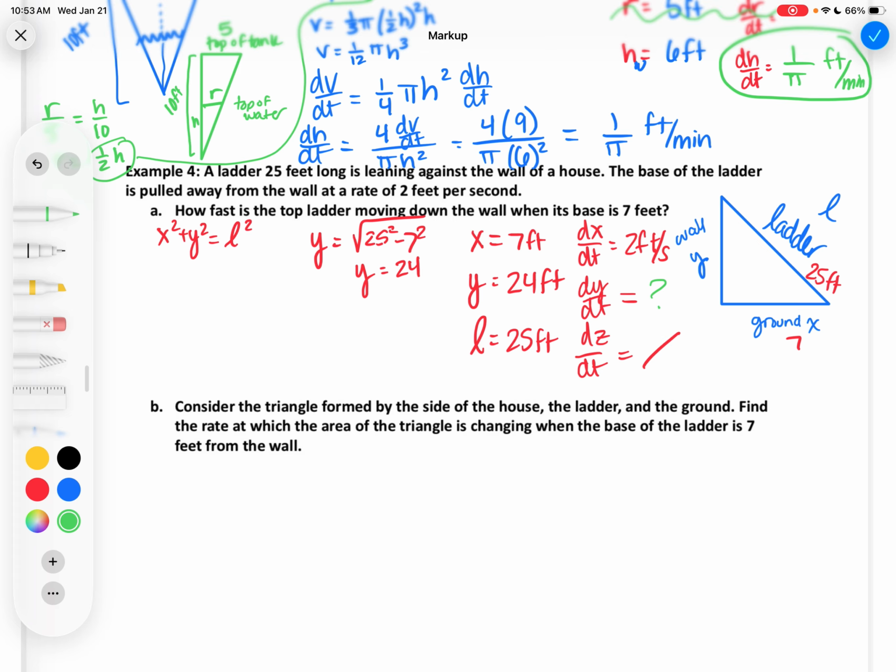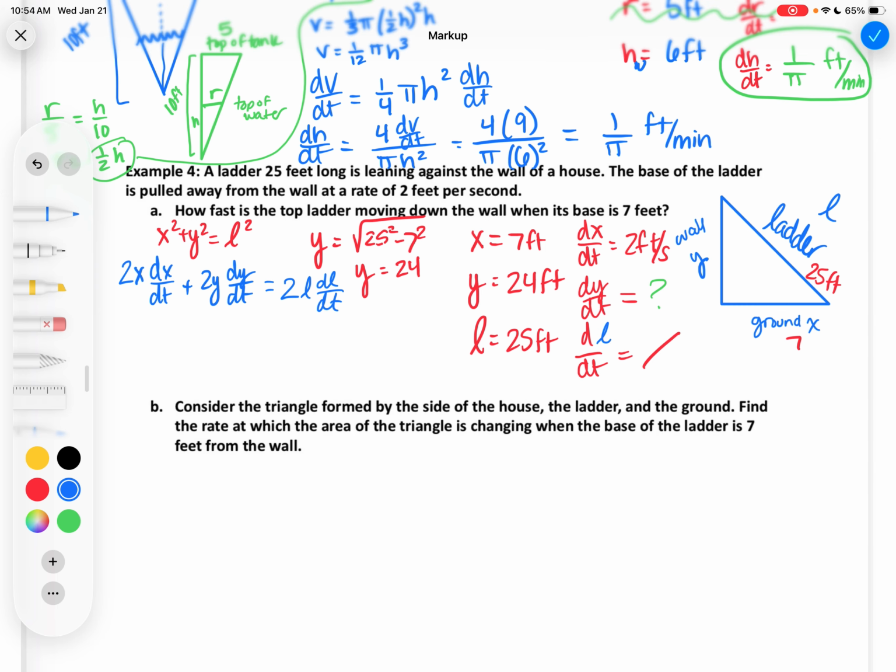So take the derivative over here, and I'd get 2x dx/dt plus 2y dy/dt equals 2L, or z, whatever you're using, dL/dt. Actually, looking at this, since we've said that the ladder is constant and it's not changing, I don't know why I wrote dz/dt over here.